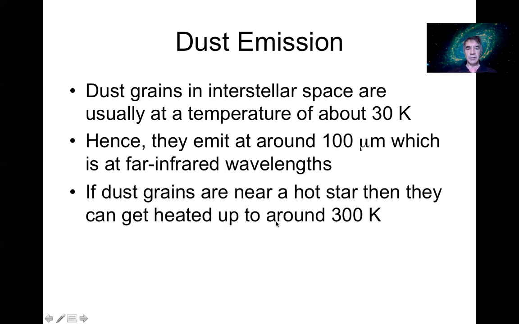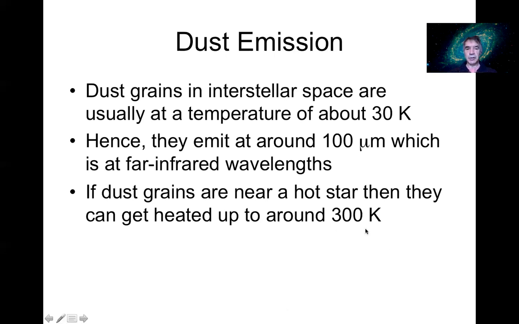If the dust grains are near a hot star, or certainly a luminous star anyway, then they will be hotter. Okay, so this is very similar to, if you think about planets and objects in our own solar system, the closer and closer you get to the sun, the more they get heated up, and so the higher their equilibrium temperature.